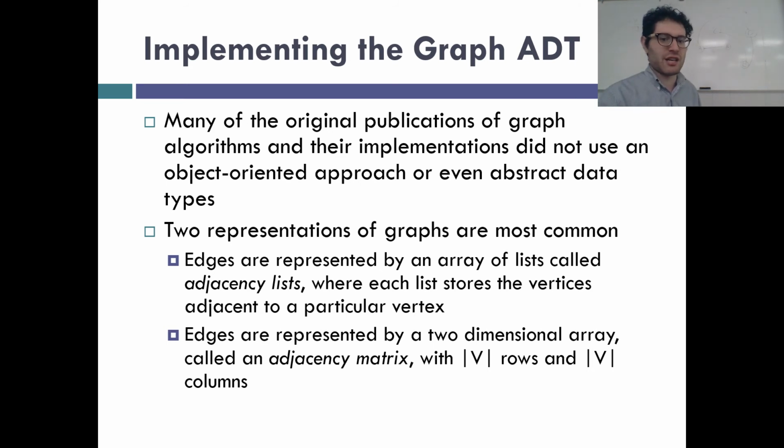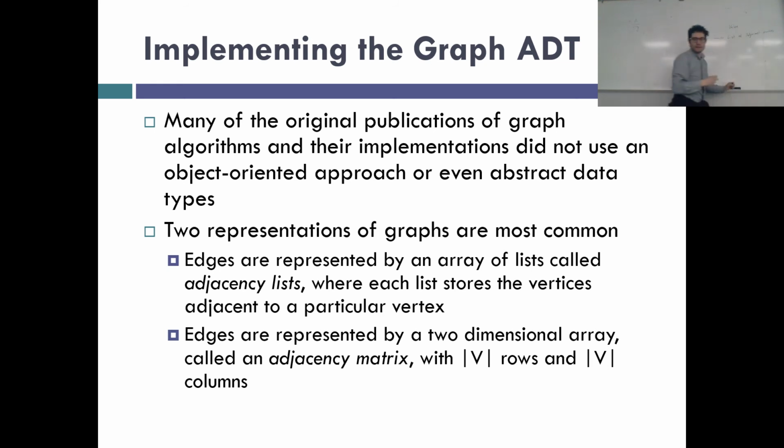The first is called an adjacency list. For each vertex, it's essentially like a dictionary, or a map, or a hash table, where the key is the vertex and the value is the list of adjacent vertices.